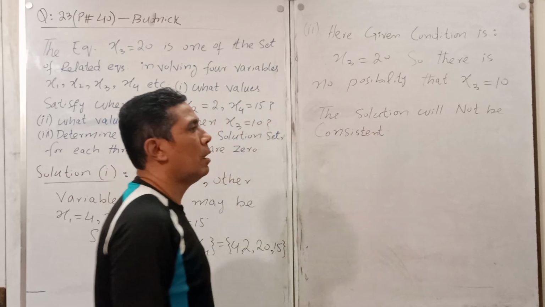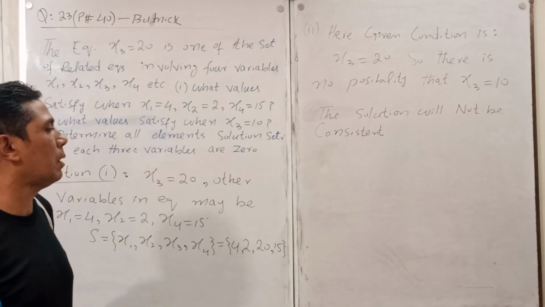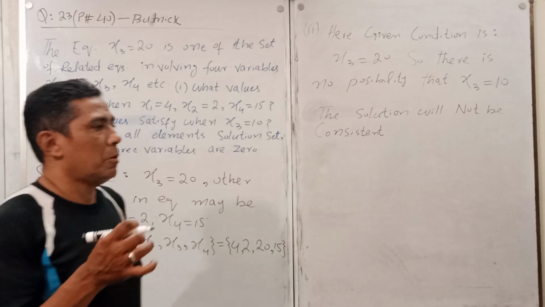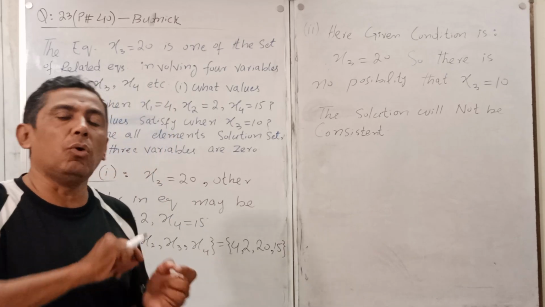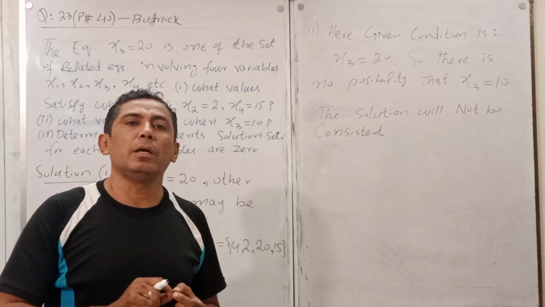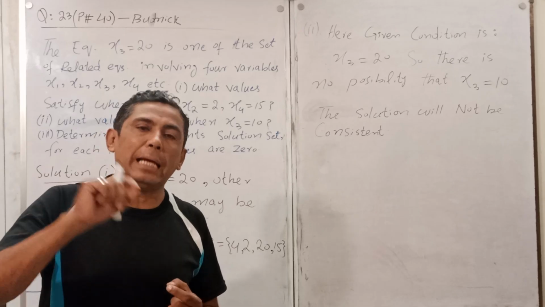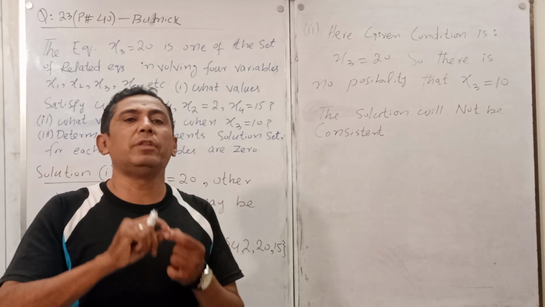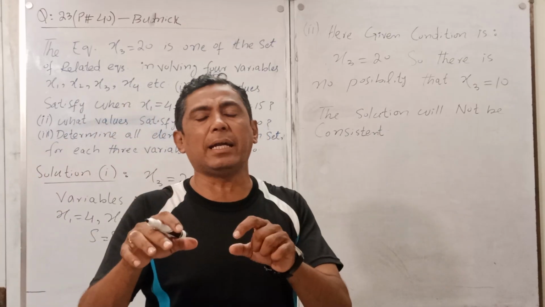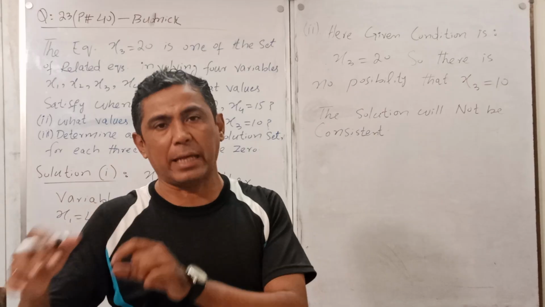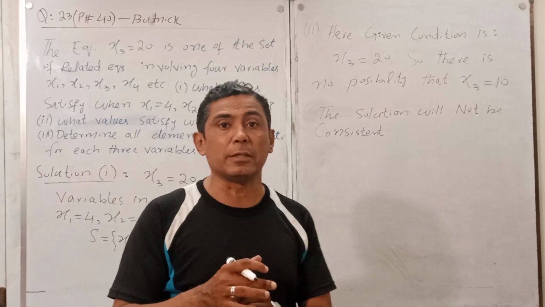I told you that whenever you have a linear equation, all points along the linear equation should lie on that line. If they do not lie on that line, we say that our solution set is not consistent, because these points will not satisfy our given equation.